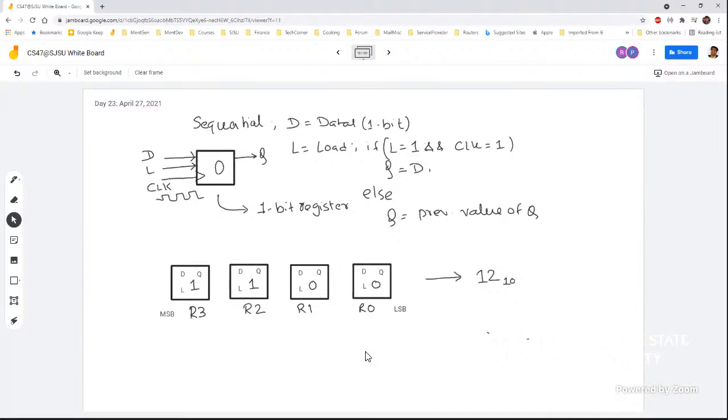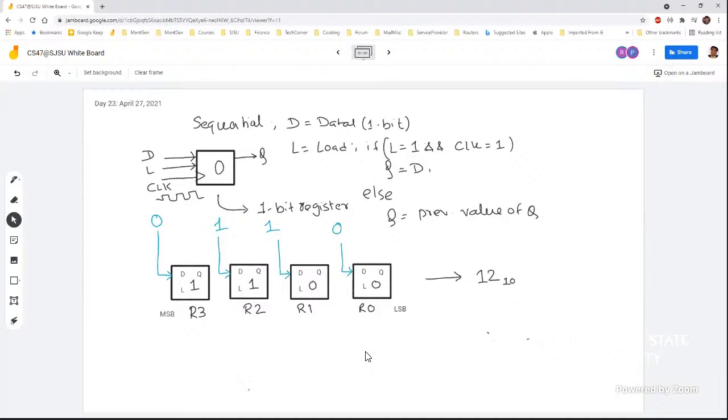Now, imagine there is an external input line coming from some other component in the computer, and the incoming data is 0, 1, 1, 0.